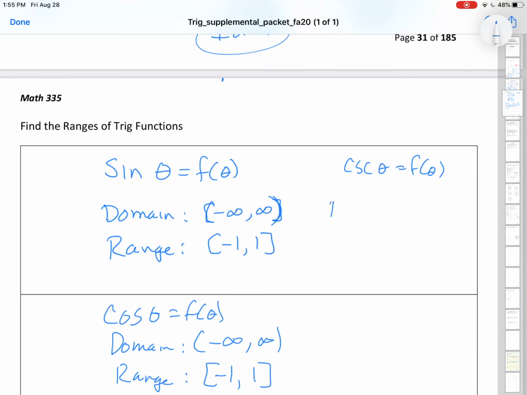The domain is all reals except you got to take out any time that the sine is 0. So anytime it's n pi, we're going to have problems. And the range is, it's interesting, it's -infinity to -1, union 1 to infinity.